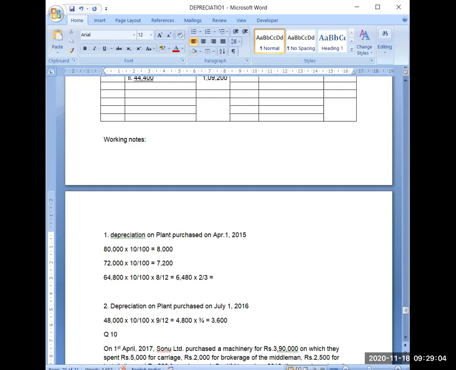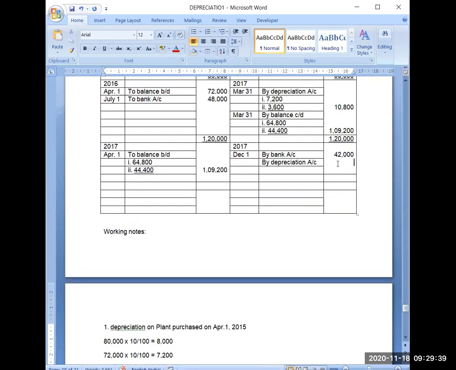Now if I divide it by 3, 3 ones are 3, 3 sixes are 18, 2,160 multiplied by 2, and it will be 4,320. This will be the depreciation charge on this machinery, 4,320.